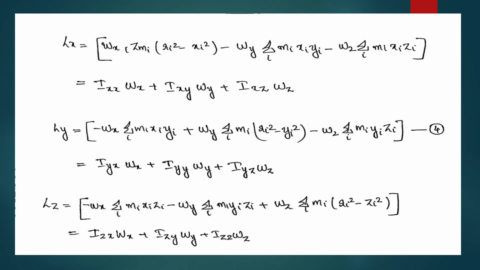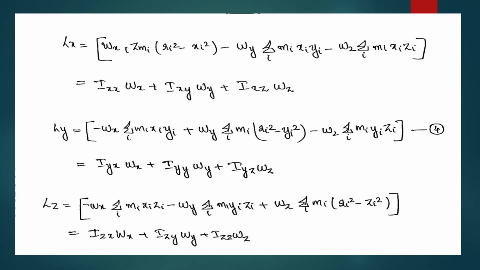Similarly, Ly is equal to minus omega x summation mi xi yi plus omega y summation mi (ri square minus yi square) minus omega z summation mi yi zi, which is equation number 4, equal to Iyx omega x plus Iyy omega y plus Iyz omega z.